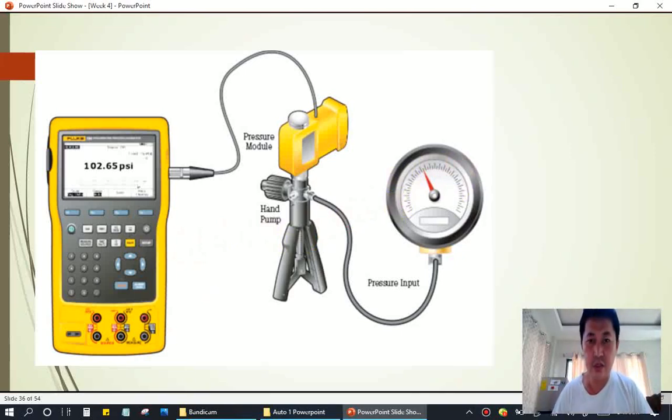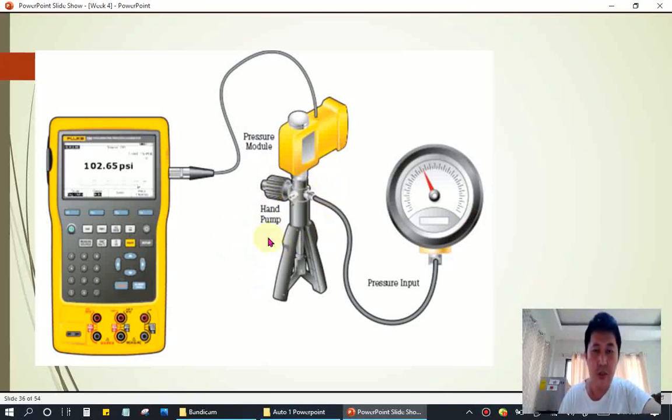We remove the pressure gauge of certain auxiliaries such as a pump, or the pressure gauge on the pipeline, and we connect it to this pressure input, which is the hose. We also have here the pressure module and the hand pump. Whether we use the pressure module depends on the system of our hand pump pressure.